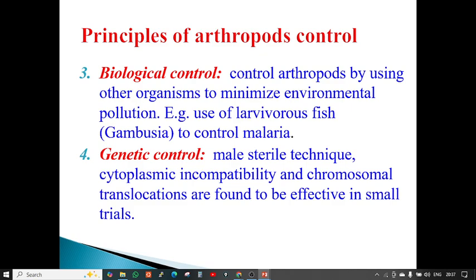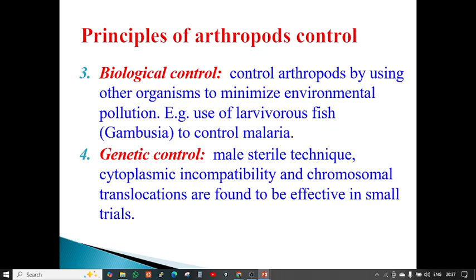But when you stop the reproduction of this carrier through genetic control, you have to make all the male mosquitoes sterile. The fertility capacity of female mosquitoes should be lost. Then no new generation of mosquitoes will be there. So this type of control is called genetic control.